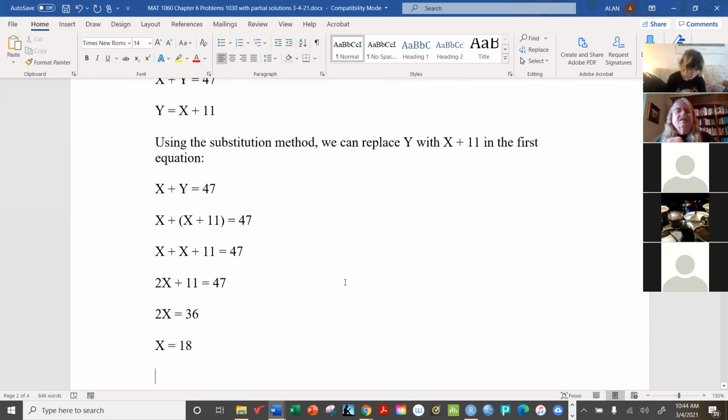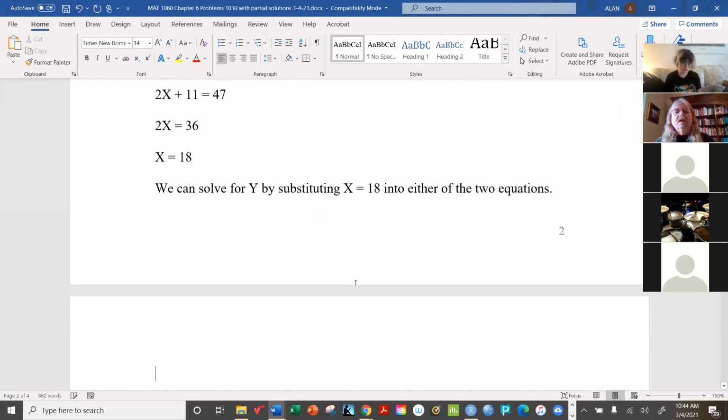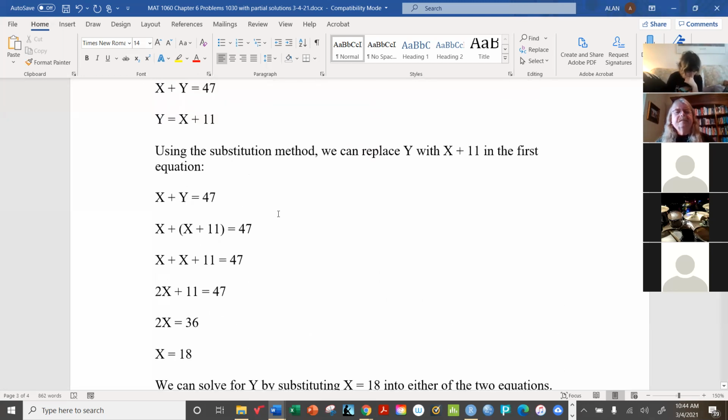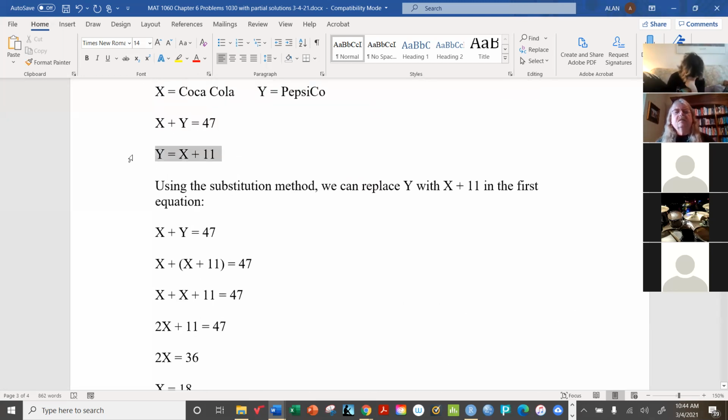Well, now that means that we can solve for y by substituting x equals 18 into either of the two equations. So let's pick this one.